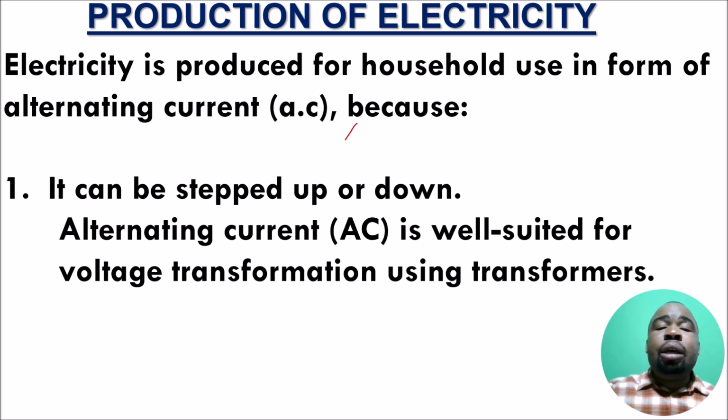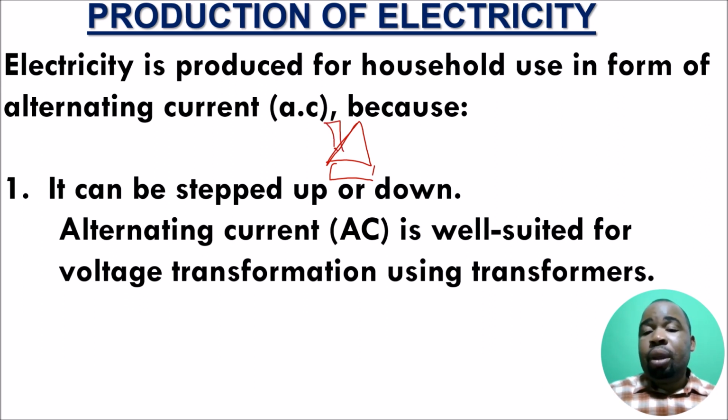Here is my production plant where we are producing electricity. Along the way, some energy is lost in form of heat. So we'll be losing energy due to transmission. Heat will be generated and electrical energy will be converted to heat.